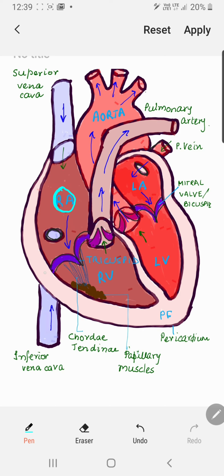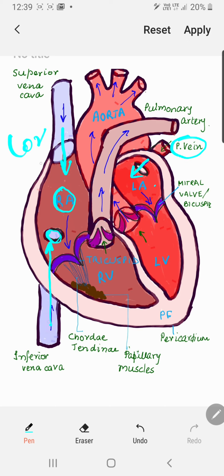Now what you have to see very carefully is, if this is the right auricle, the entry is the superior vena cava and inferior vena cava, bringing the deoxygenated blood into the right auricle. On the other hand, this is the pulmonary vein, which is bringing oxygenated blood into the left auricle. Alright, children.